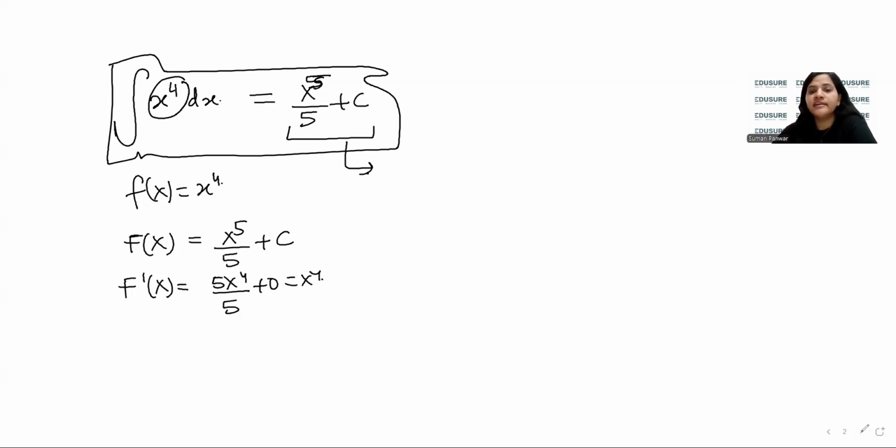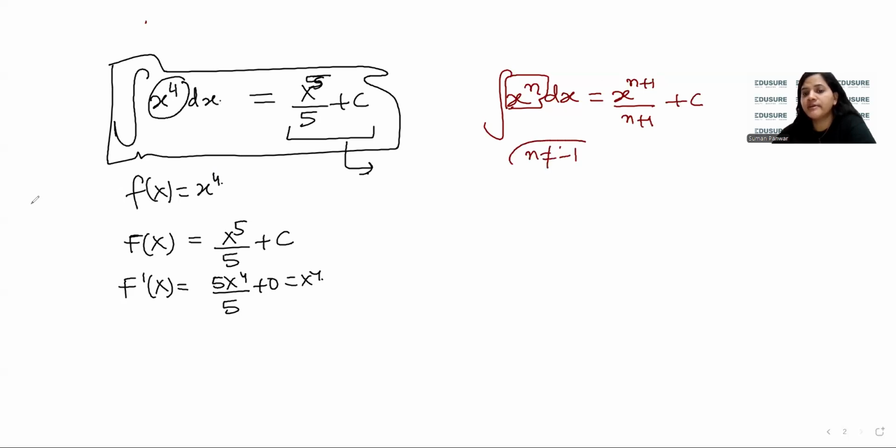So standard indefinite integrals of certain functions which are of importance in economics are, for example, if I'm calculating x raised to the power n dx, the indefinite integral of x power n, this will be x power n plus 1 upon n plus 1 plus c, provided that n is not equal to minus 1.